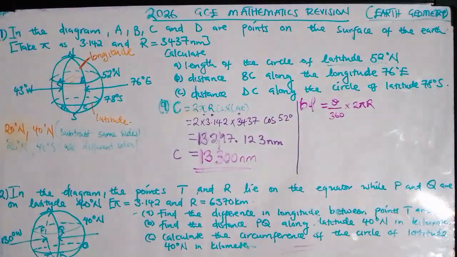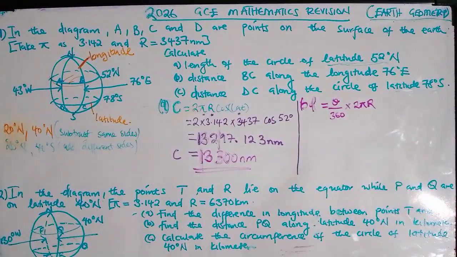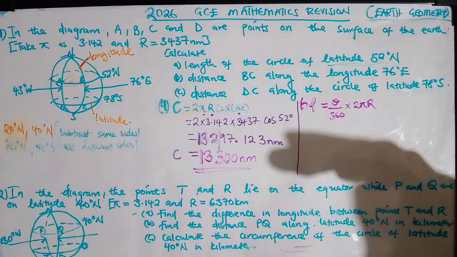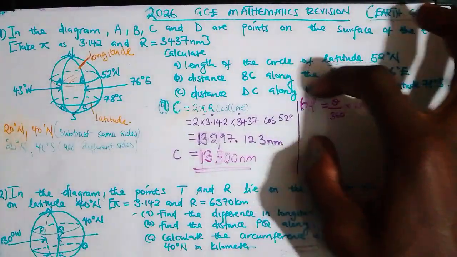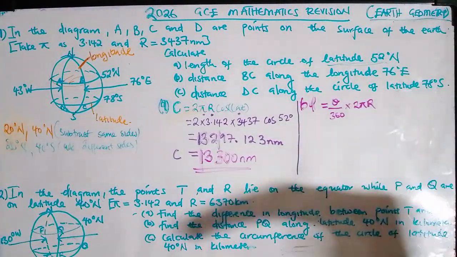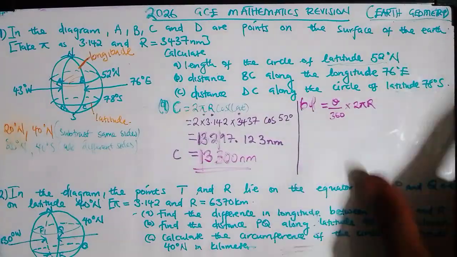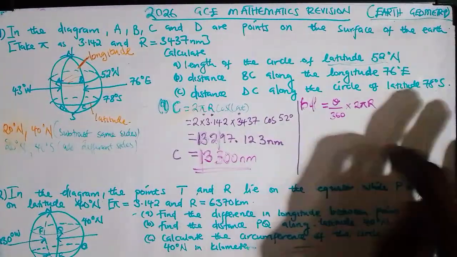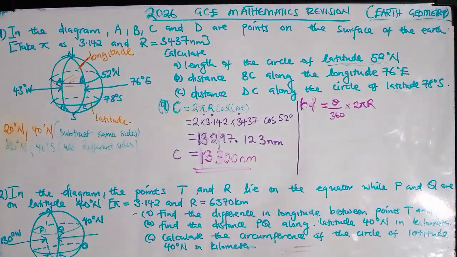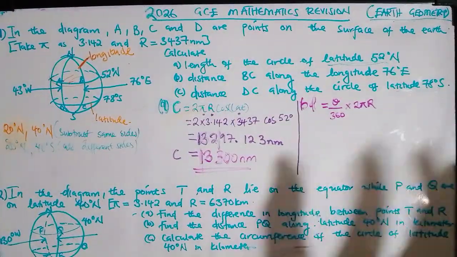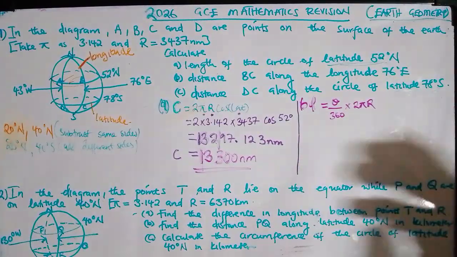In longitude. So I repeat, whenever you are calculating the distance in longitude, you use this formula. Again, whenever you are calculating things in longitude, use this formula without cos latitude. Yeah. You will see how the next question will present itself.